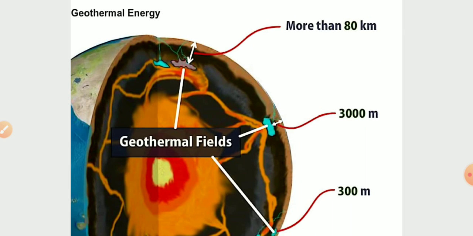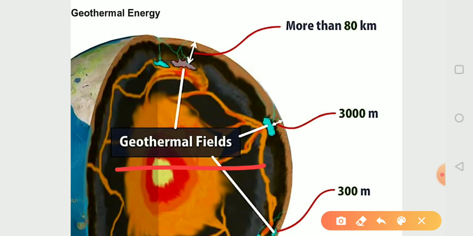Here the source of heat is the earth. Heat inside the earth is available at a depth of more than 80 km, and in some locations it is available from 300 to 3000 meter. Such locations are referred to as the geothermal field.